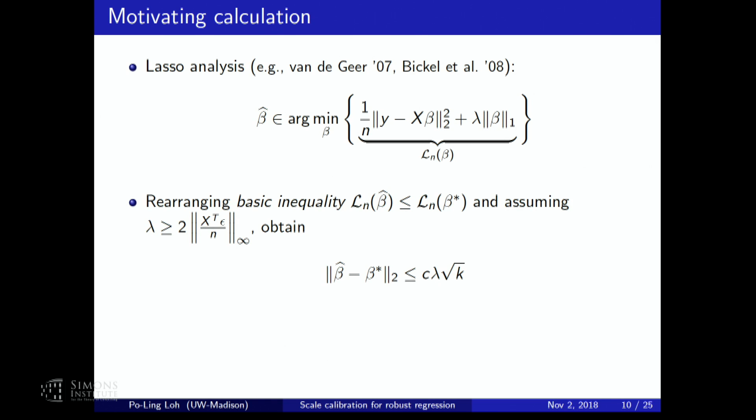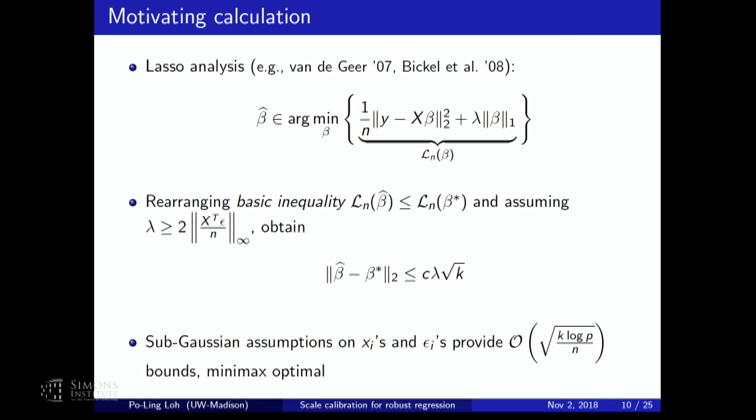Lasso is just squared error loss and L1 penalty. And you say that if you evaluate this at beta hat and you compare it with beta star, then you can rearrange the terms and end up with some function of beta hat minus beta star. And then provided lambda is suitably chosen, you get this sort of inequality.